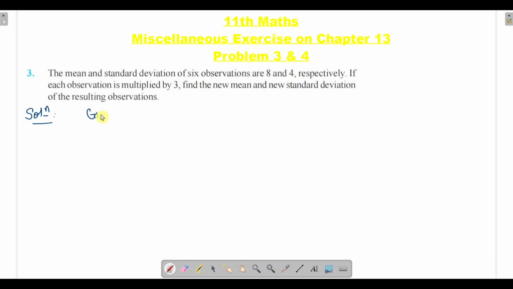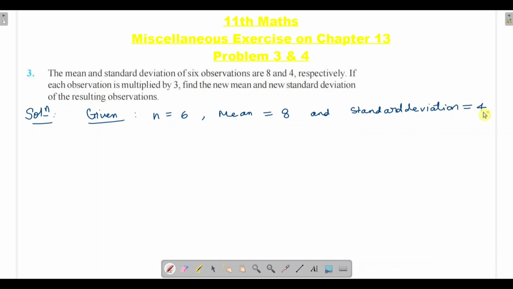Given is what? The number of observations, that is n is equal to 6, then the mean is equal to 8 and standard deviation is equal to 4.